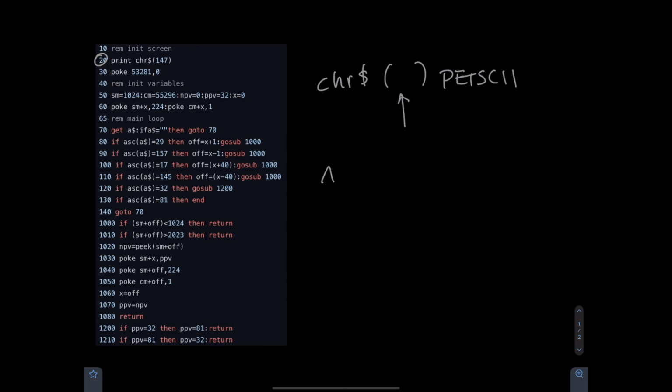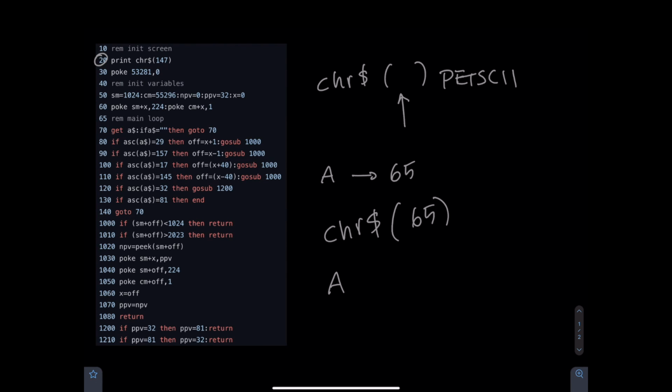So for example, the number 65 corresponds to the character A. If you put, for example, CHR$(65), it will pick that from the table and it will print the letter A on the screen.